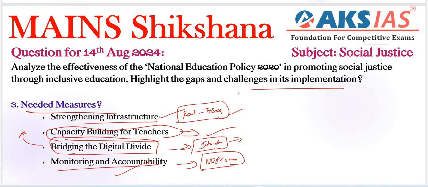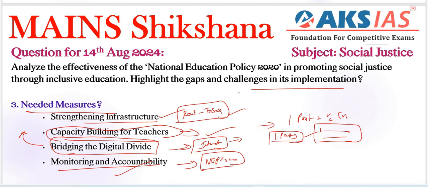We need to provide all the information, just one point and half a line, right? 1.5 lines is enough for giving justification for 1 point, right? Under each and every sub-heading, we need to provide some points, right? So in that, we need to provide 1 point and half a line. That is enough for the justification part, right?